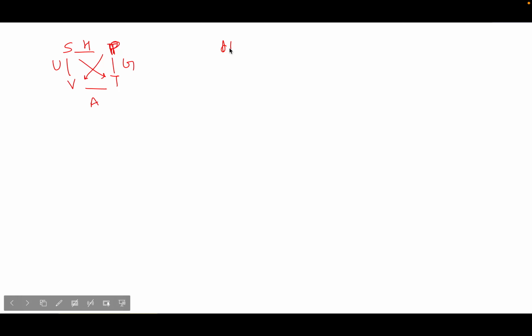So dH: for solving dH we need to write dS and dP. From S we are moving along this arrow to T, and the arrow is pointing towards T, so it is positive. From P we are going towards V and the arrow is pointing towards V also, so it is positive only.